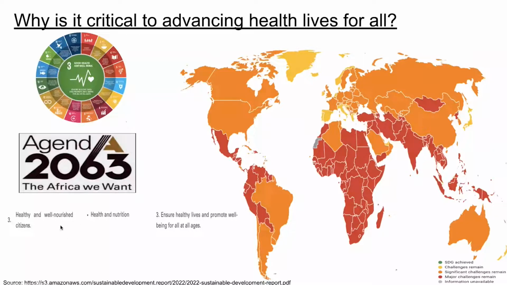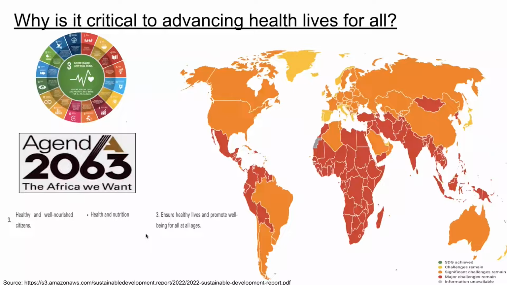There's one very specific goal under the African Union's Agenda 2063 that focuses on healthy and well-nourished citizens on the African continent. And that aligns very well with SDG 3, which is to ensure healthy lives and promote well-being for all at all ages.